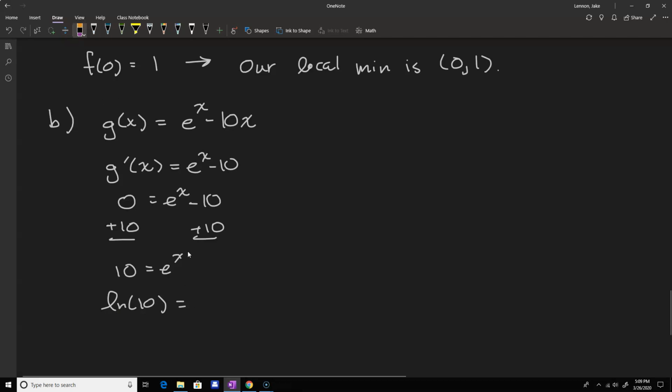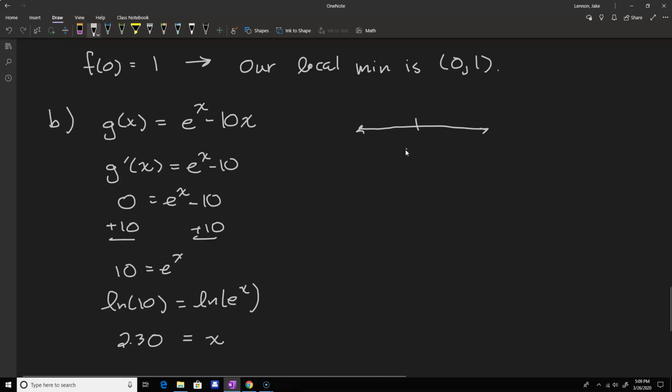And I'm okay if you just use a decimal approximation here. So the natural log of e to the x just comes out to x on the right-hand side. And the natural log of 10 is probably about 2 point something, so that's about 2.30 if you round to 2 spots.